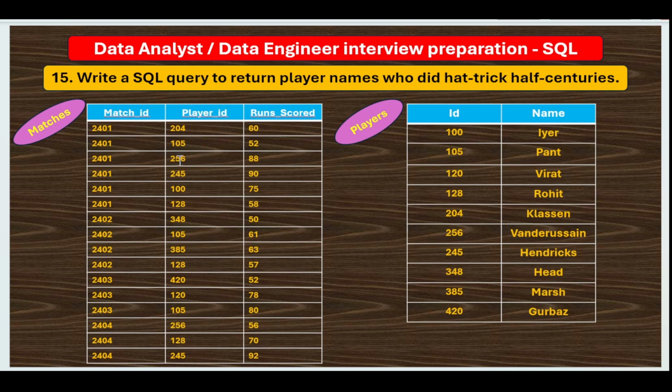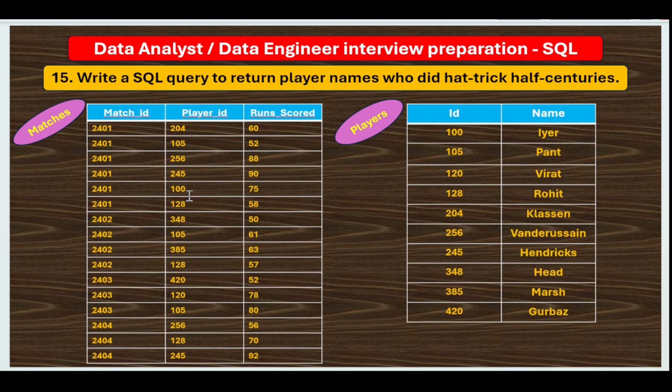Next one, 256. In the first match, he scored 88. Now we'll see the second match. There is no 256, so we can avoid this one, because there are just two matches after the second, that is 3 and 4. Now consider 245, who scored 90 in the first match.